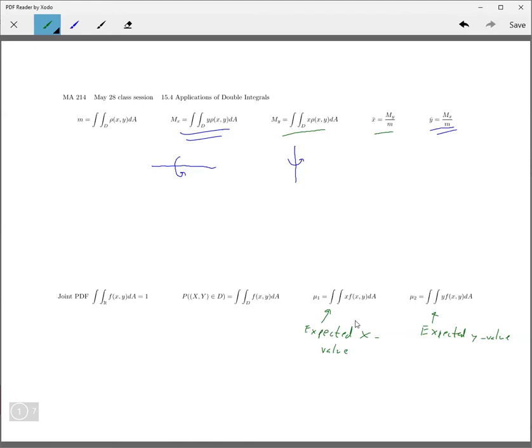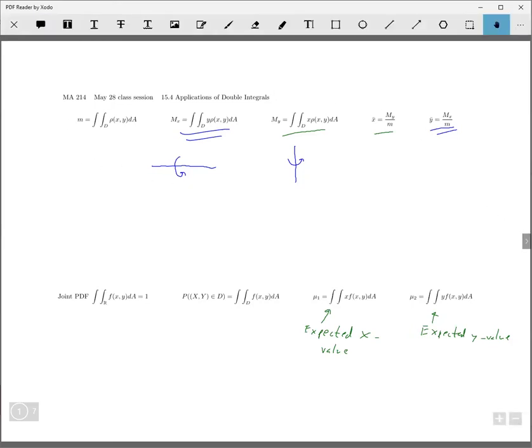So if you sampled from the probability distribution an enormous number of times, then your mean would be close to the expected value. The mean x value would be close to the expected x value, and the mean y value would be close to the expected y value. Something like that, okay?